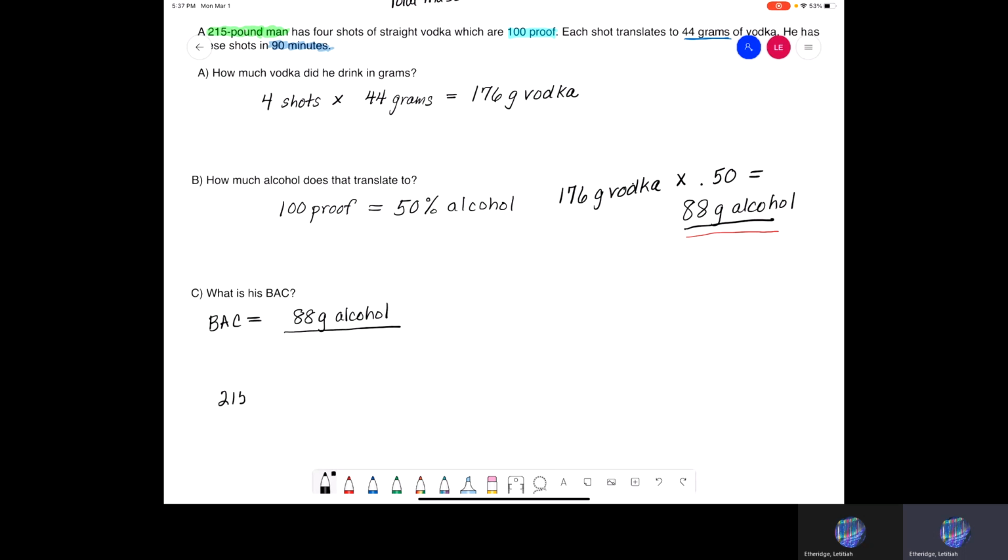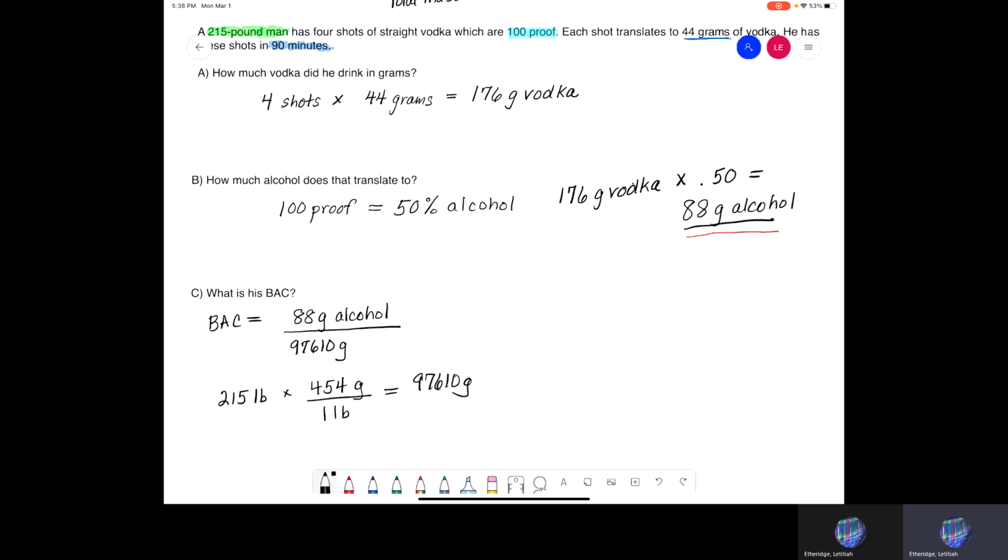So that's 215 pounds. There are 454 grams in 1 pound. So in grams, my man weighs 97,610 grams.